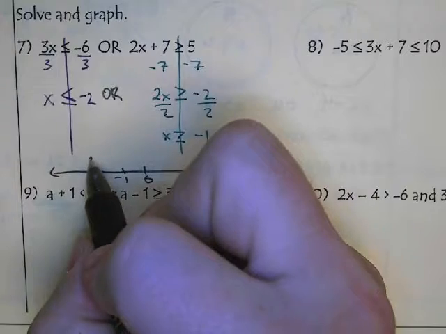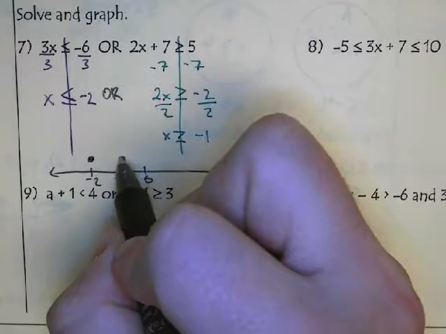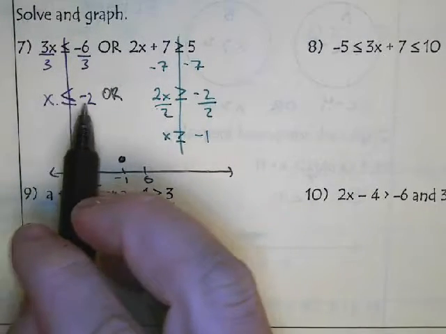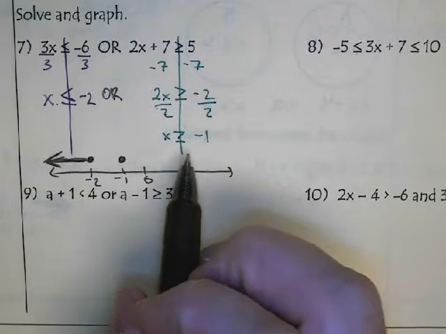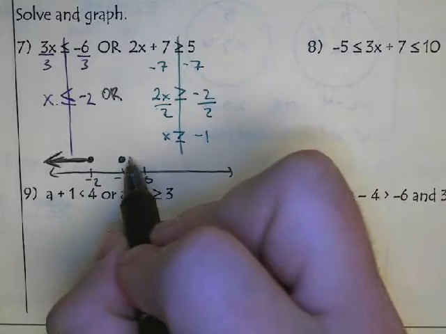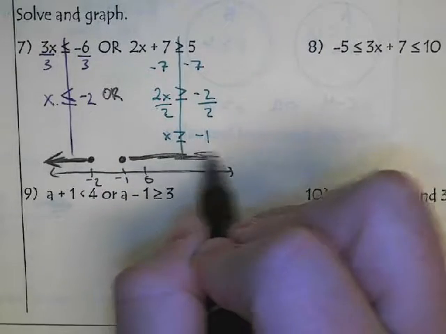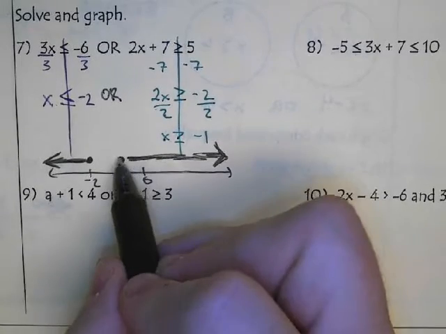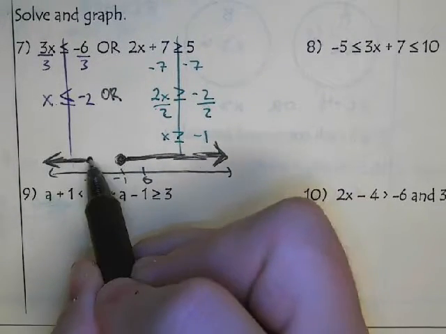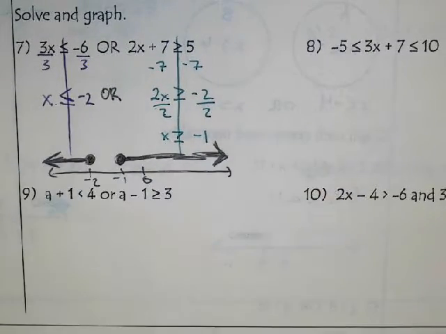Closed dots at negative 2 and negative 1. x is less than or equal to negative 2, so I'm going to shade everything that is less than negative 2. And then x is greater than or equal to negative 1, so I'll shade all the numbers that represent being greater than negative 1. Like that.